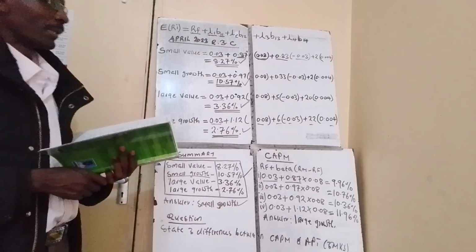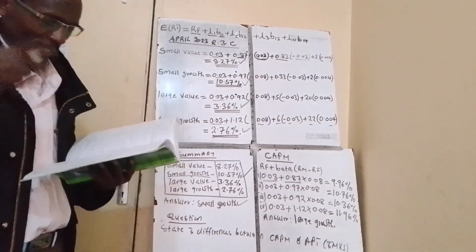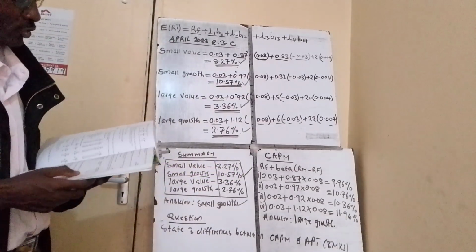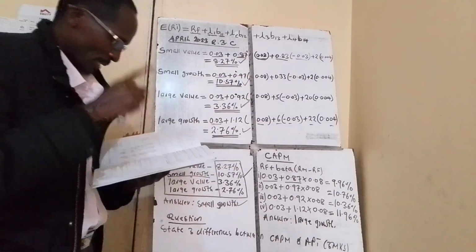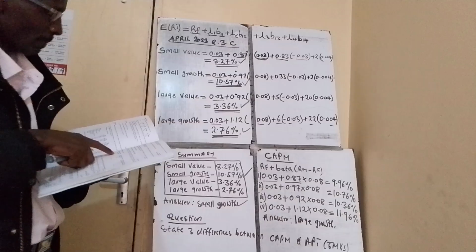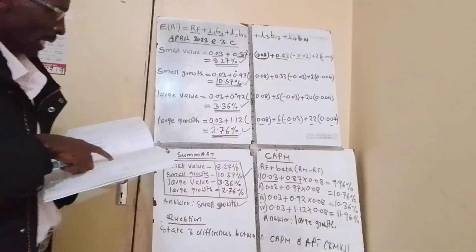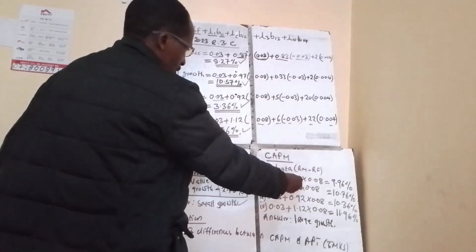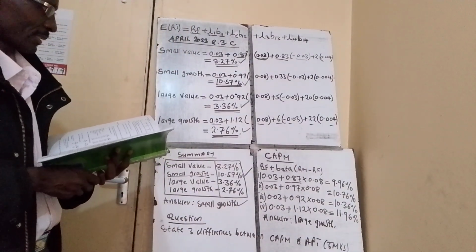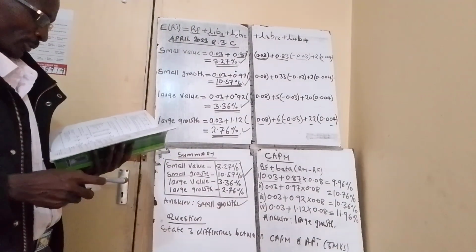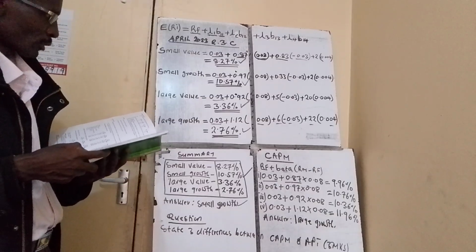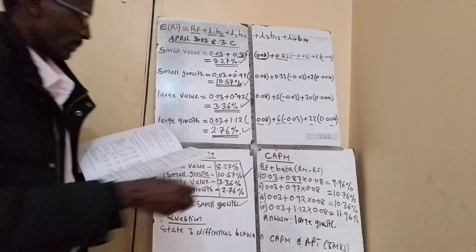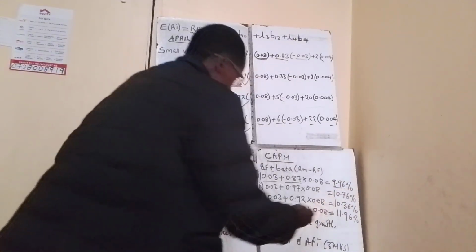When you are using CAPM, you only use beta. You don't use the price to book or the average capitalization. So beta is given, that is sensitivity to factor 1, market beta. So I'll take 0.03 plus risk-free rate plus beta 0.87 times the risk premium, which is 0.08.